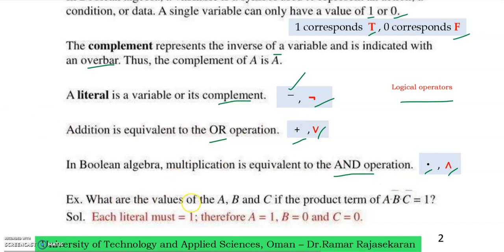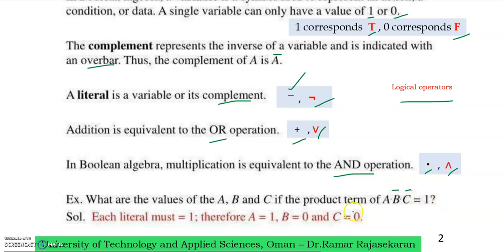What are the values of A, B and C if the product term A dot B complement dot C complement is equal to 1? Actually this is B complement and this is C complement.